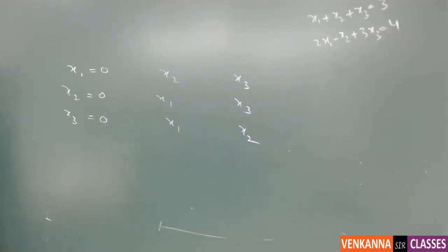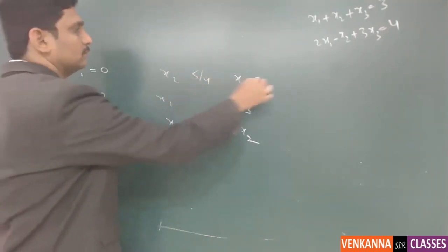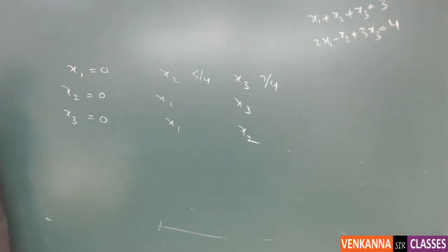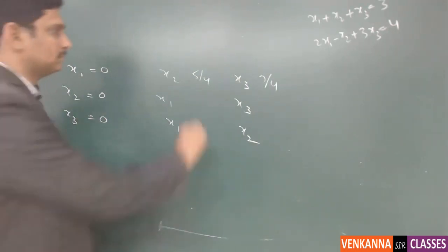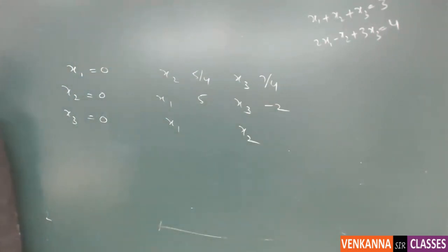So could you give those values to me? x2, x3; x1, x3; and x1, x2, by setting those values as 0. So x2 is 5 by 4, x3 is 7 by 4, right? 5 comma minus 2, 7 by 3 and 2 by 3, right?